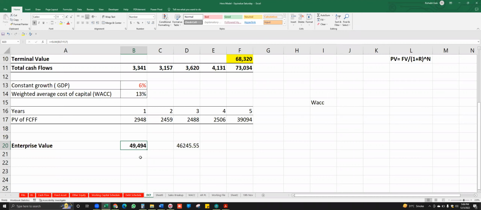When the tax rate increases, what will happen to the cost of debt? Increase or decrease? Just tell me this answer. Will it increase or will it decrease?